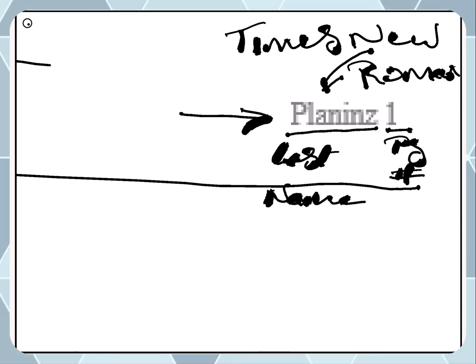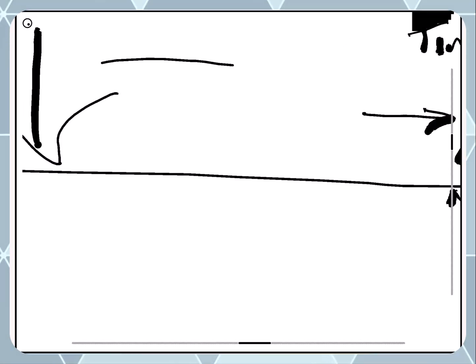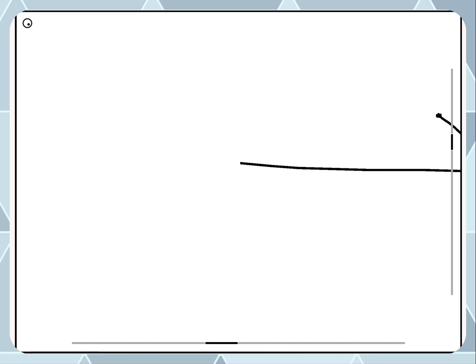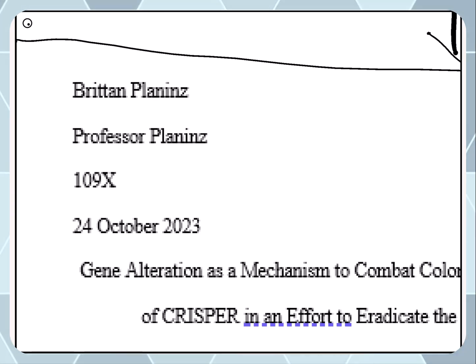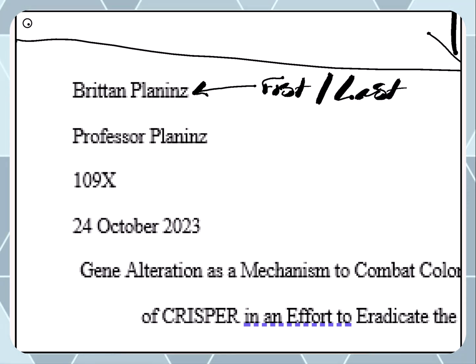Okay, so I want to move us over to what is called the leader. You always begin with your name. And it's going to be your first name and then your last name. And then you begin with your instructor's name.